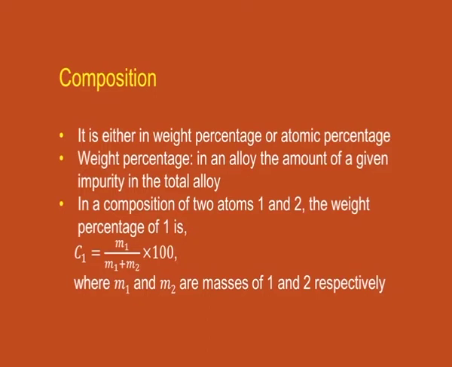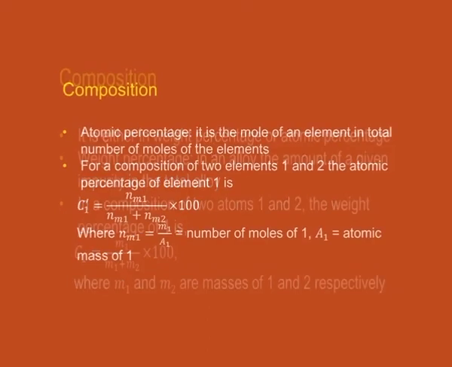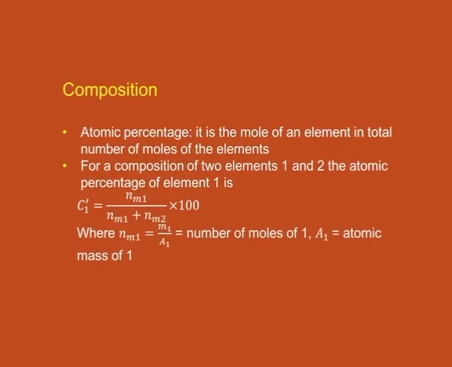Now, as we discussed, we can also go for atomic percentage, and atomic percentage is defined in the following way, that is the moles of an element in the total number of moles of elements.